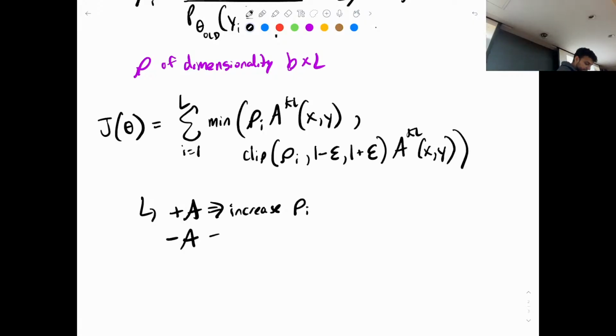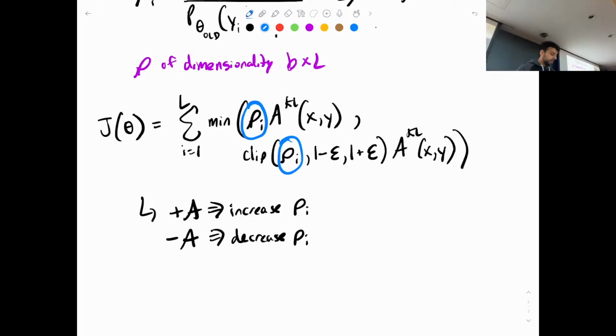Similarly, if the advantage is negative, we want to decrease the policy ratio, so as to, on average, lower the probability of all of the tokens in that response. Now, one thing that I wanted to highlight here is that in this PPO algorithm, when we are doing backprop, we're always backpropping through this policy ratio here, right?